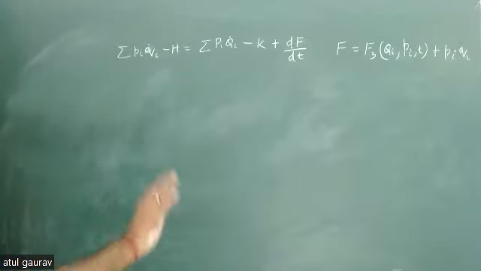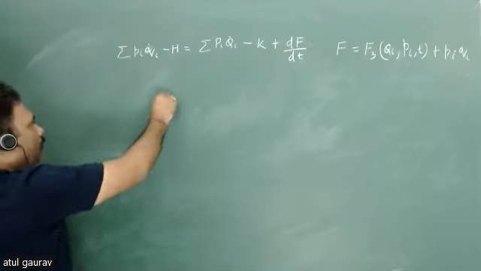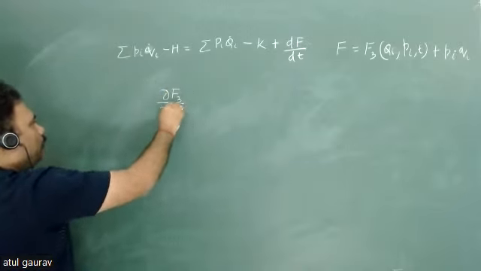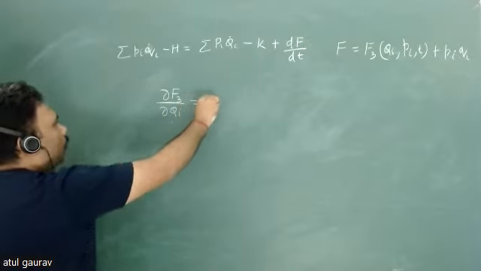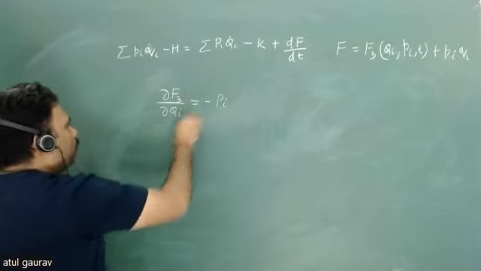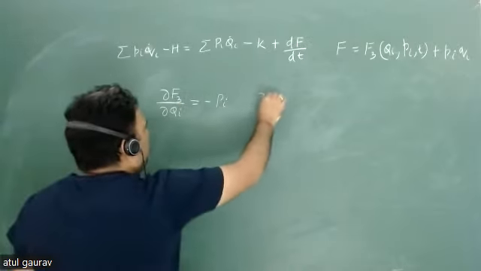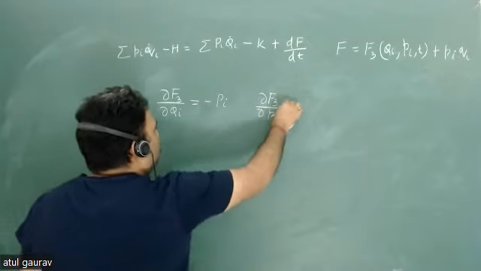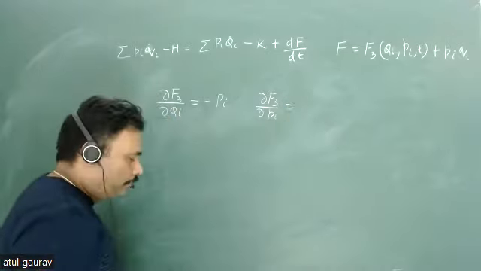So should I write the direct relation? Yes, sir. So del f3 upon del qi is equal to minus pi, and del f3 upon del small pi, what will it be?